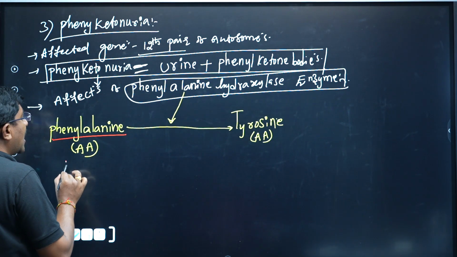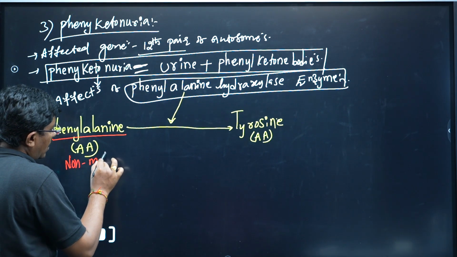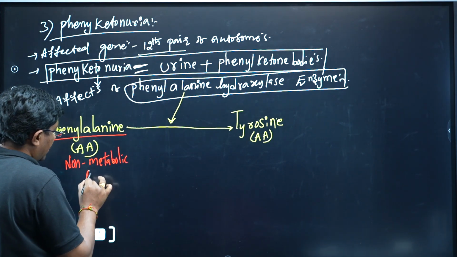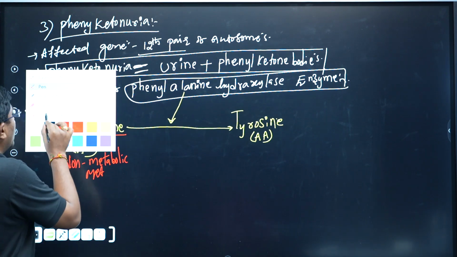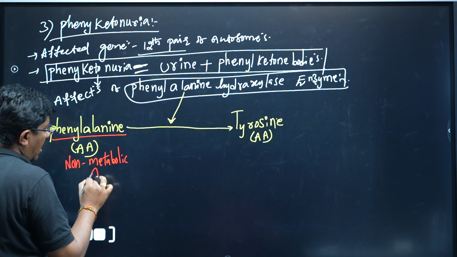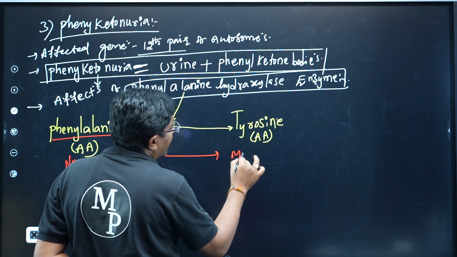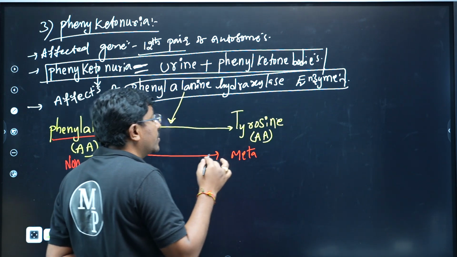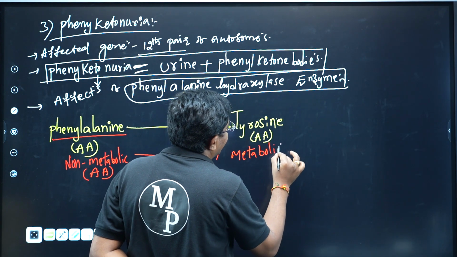Actually, phenylalanine is a non-metabolic amino acid, and it is converted into a metabolic one. Phenylketonuria is a metabolic error disease.